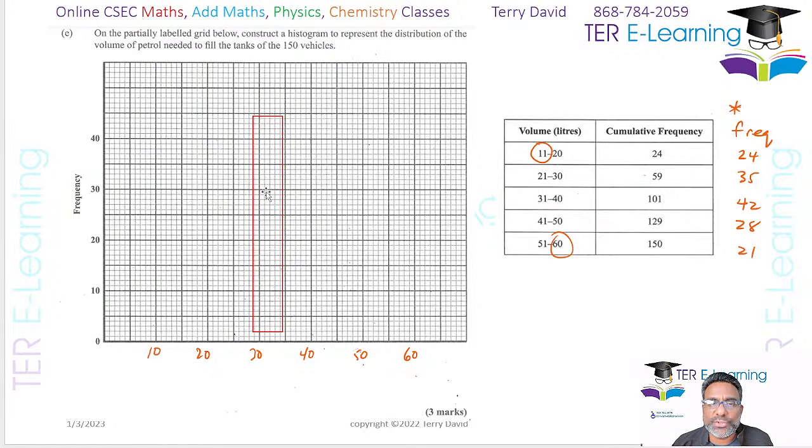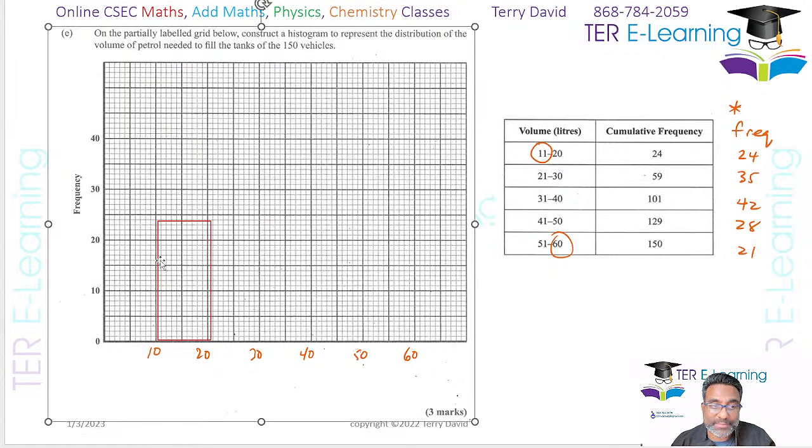We're going to draw bars, but the first bar is going to be from 10.5 to 20.5. That's the width of this bar. And that frequency corresponds to 24, so that is going to be here. So that's my first bar that I'm going to draw.